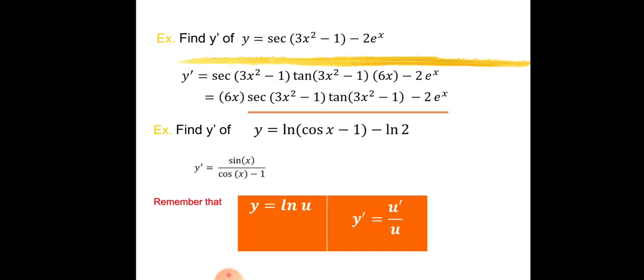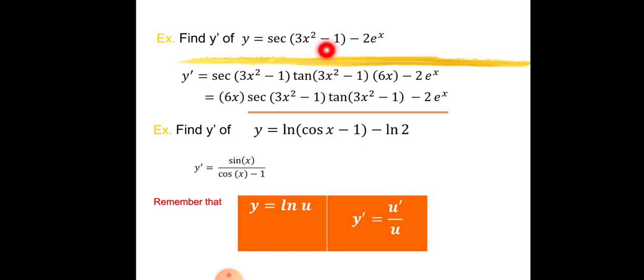And this is our final example. If y equals sec(3x squared minus 1) minus 2 e to the power x, the derivative of sec(3x squared minus 1) is sec(3x squared minus 1) tan(3x squared minus 1), because we know that the derivative of sec x is sec x tan x.